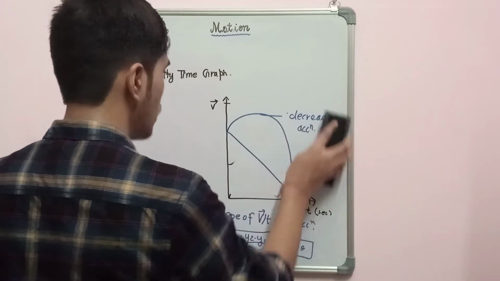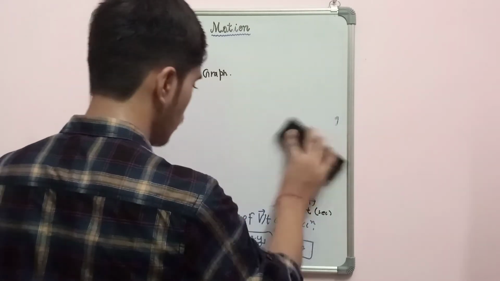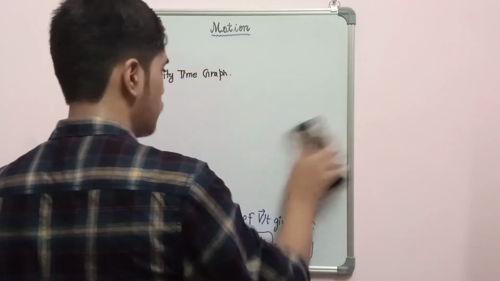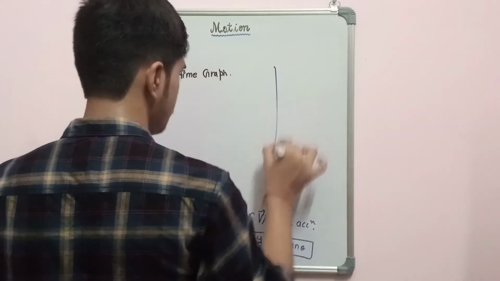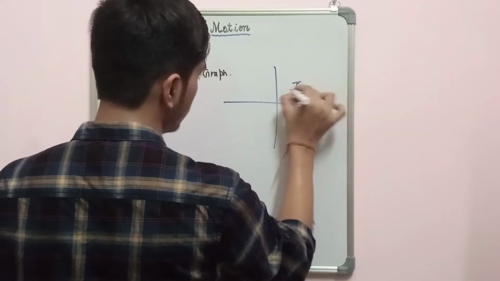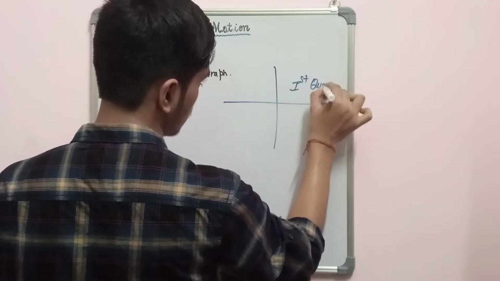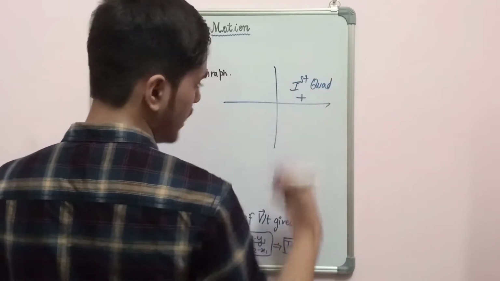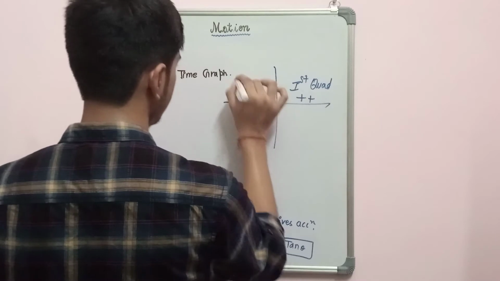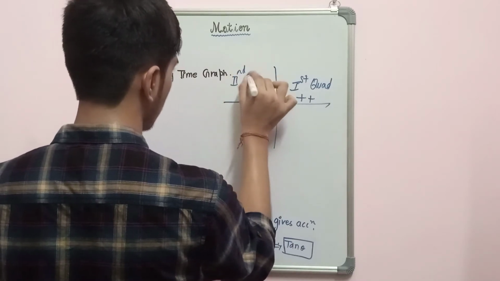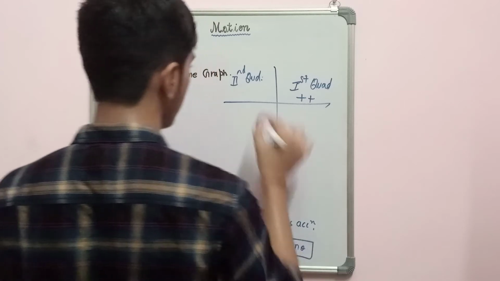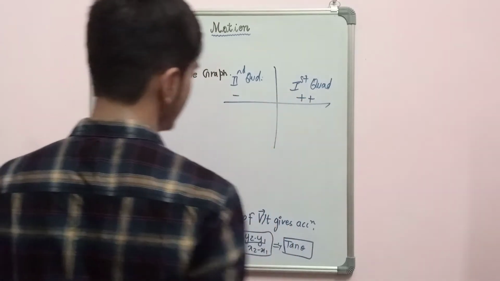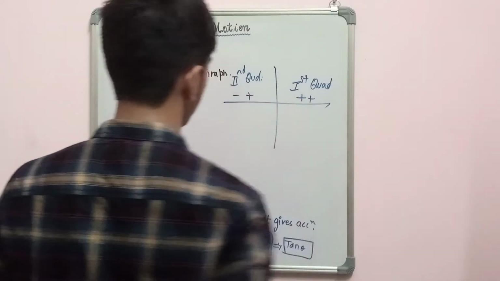Now comes negative acceleration. So I am drawing this graph. But for this you need to know the quadrants. This is the first quadrant. Here y is positive, x is positive. This is the second quadrant, where x is negative, y is positive.